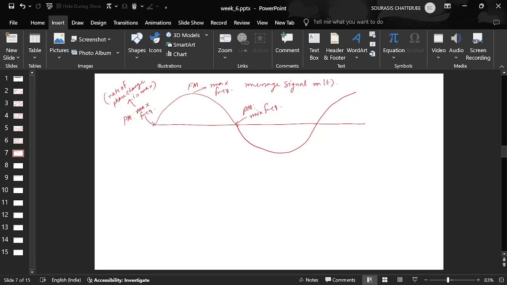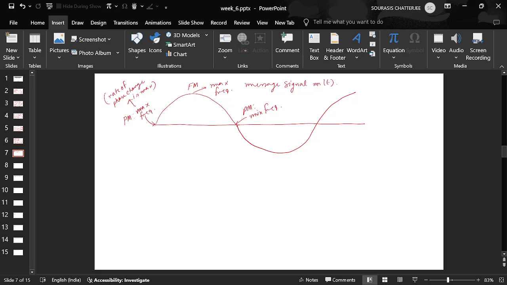so your instantaneous frequency value for the frequency modulated signal is fc only. When is the instantaneous frequency going to be minimum for the frequency modulated signal?